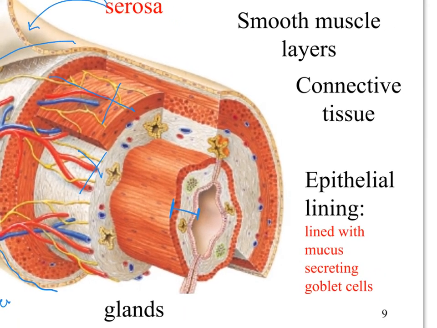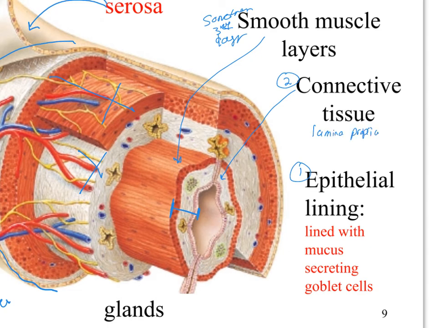So let's zoom this up. Now remember, there's always a minimum of epithelium and connective tissue present. Sometimes we will throw in a third layer, which is smooth muscle. So here we have the muscularis mucosae, and then here is the lamina propria, connective tissue.